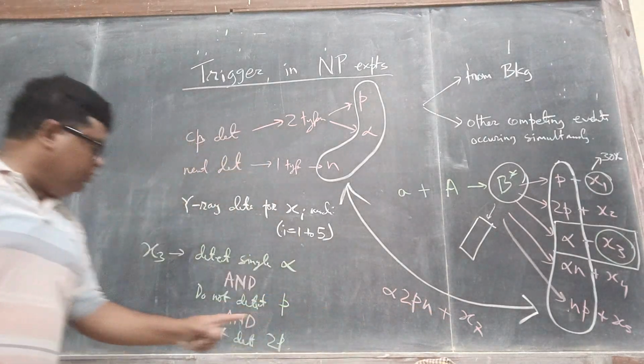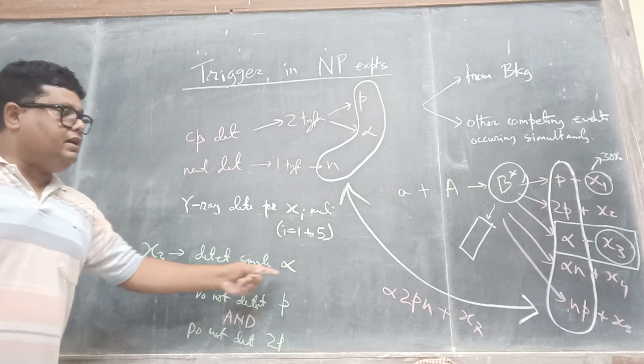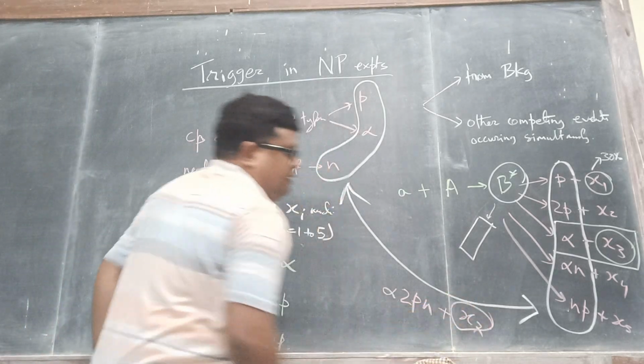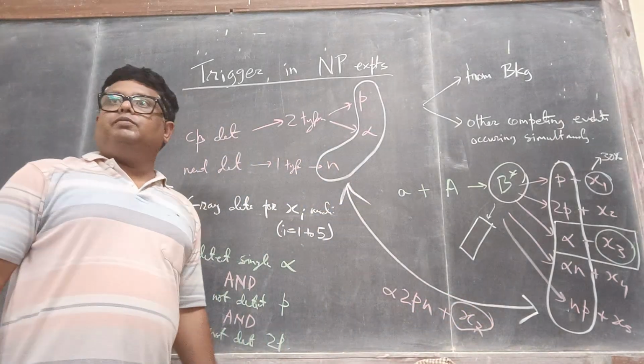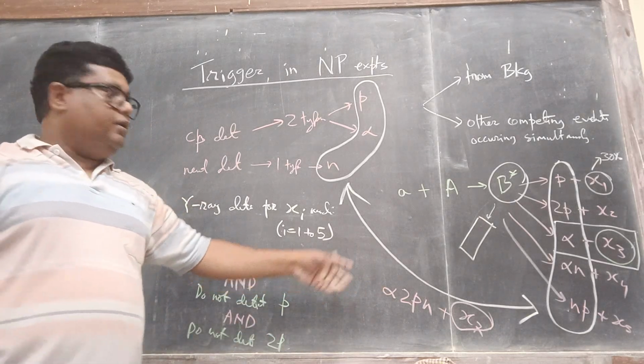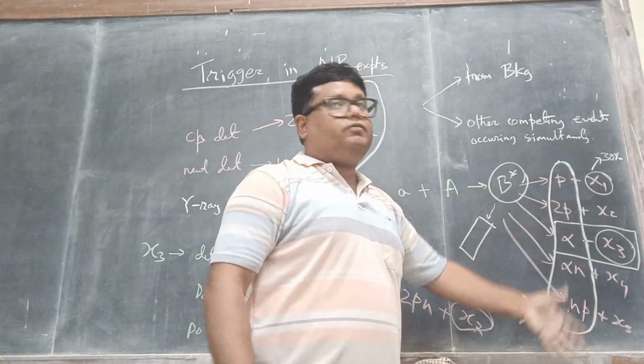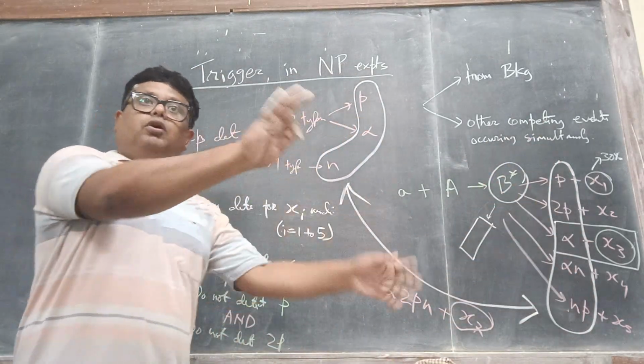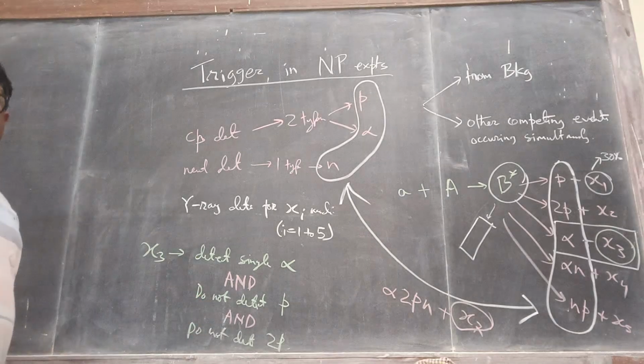So if I just put the condition that detect single alpha, this will enter into my considerations. So I have to get rid of it. Try to understand. There may be products out of these 5 possibilities. So I have to rule all of them out. That's what I am doing over here.